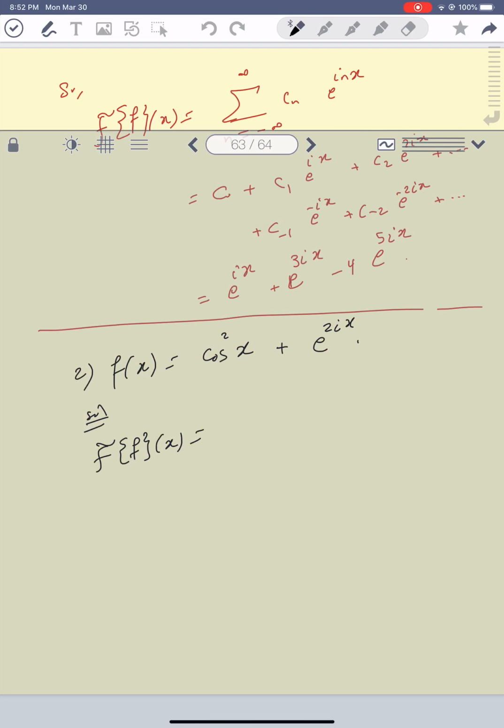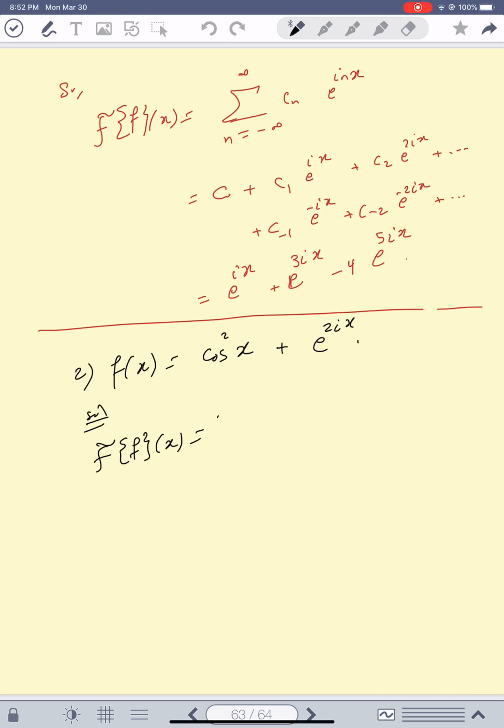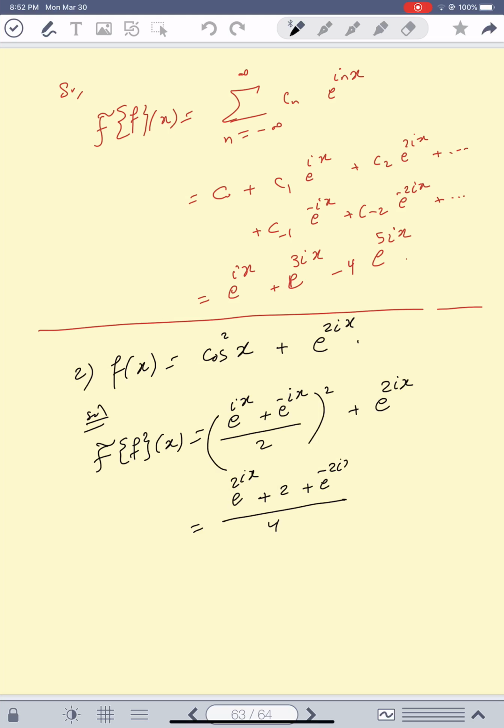Remember, the cosine itself can be written in terms of the complex exponential, because cosine x is (e to the ix plus e to the negative ix) over 2. Then this is squared plus e to the 2ix, right? So if you expand the square, you have 1 over 4 (e to the 2ix plus 2 plus e to the -2ix), we just expanded the square.